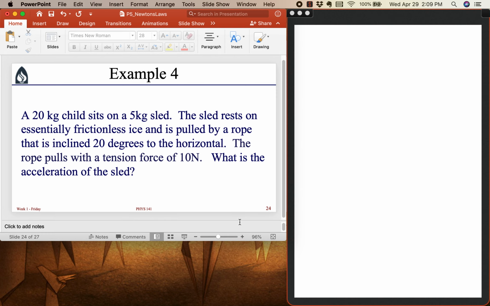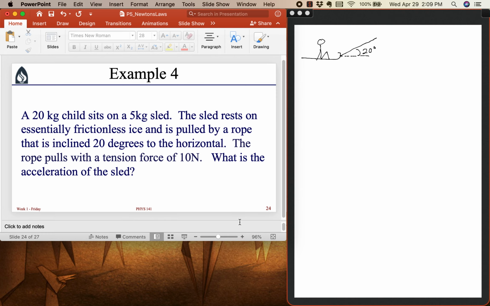Okay, so like before, the first step is to draw a picture of the situation. So in this case, I have a child sitting on a sled. So here's the child sitting on the sled, and the sled is being pulled by a rope, and the rope is inclined at an angle of 20 degrees above the horizontal.